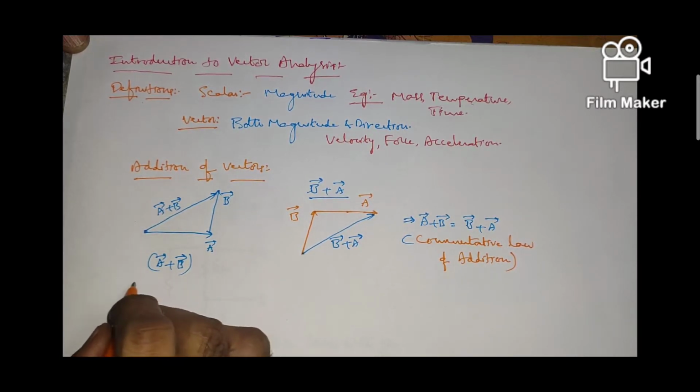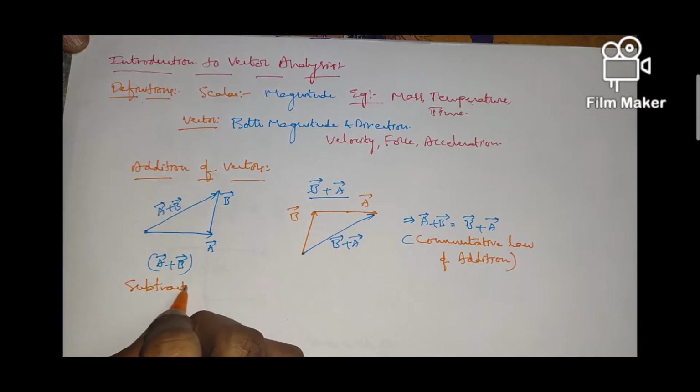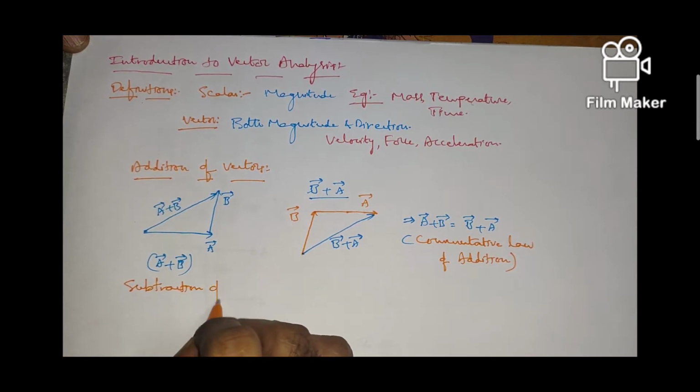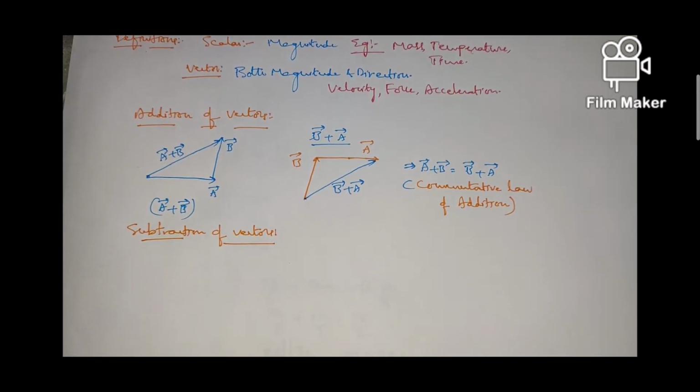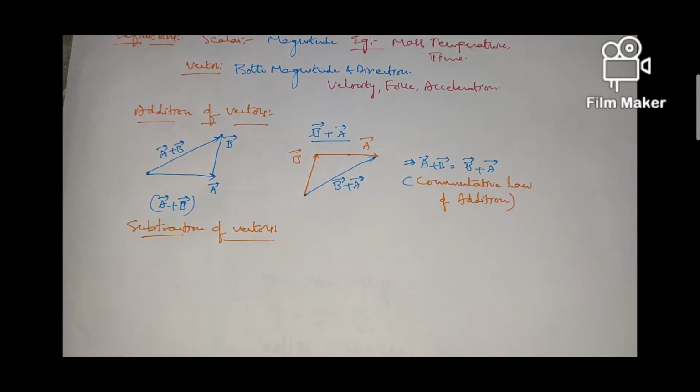Next, let us see the subtraction of vectors. We consider an example. Here two vectors a bar and b bar.